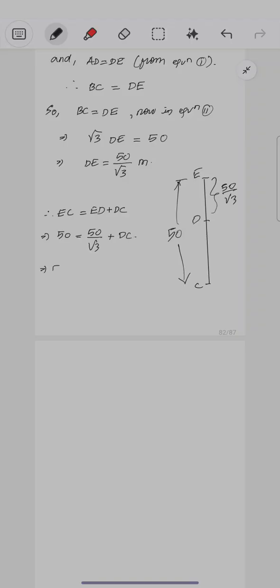Now EC is 50, ED is 50 by root 3, plus DC. Now 50 minus 50 by root 3 equals DC.